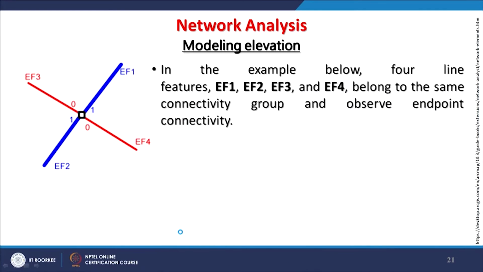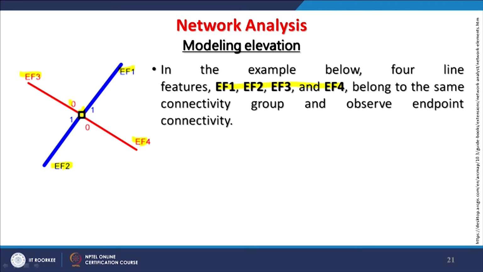So like here in this example, a very schematic and simple example, there are 4 line features, EF1, EF2, EF3 and EF4 edge features, and you are having these 4 line features belonging to the same connectivity group. So there is basically a junction defined.